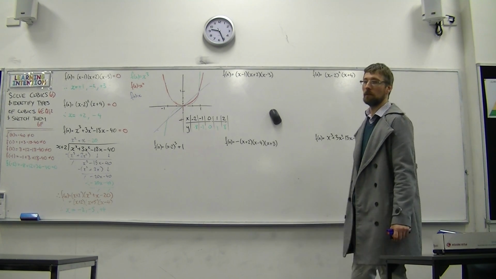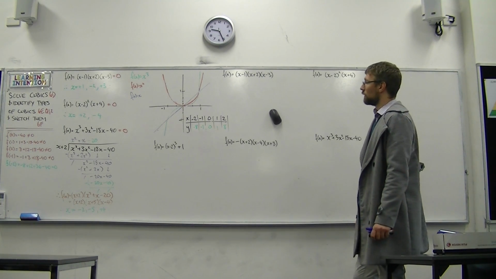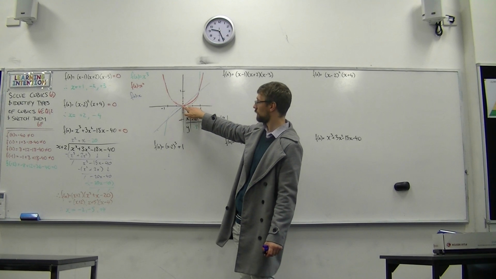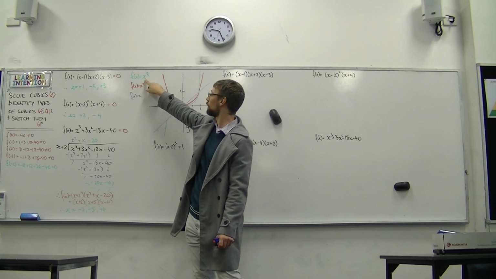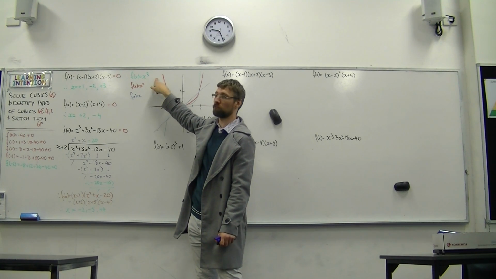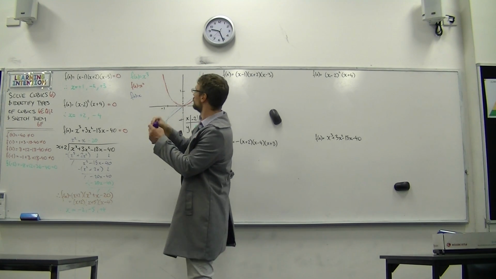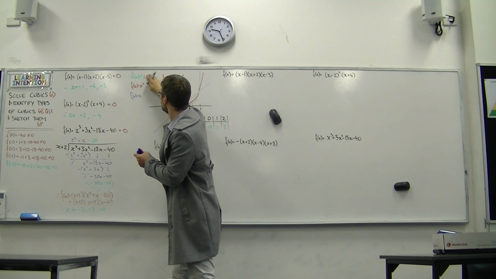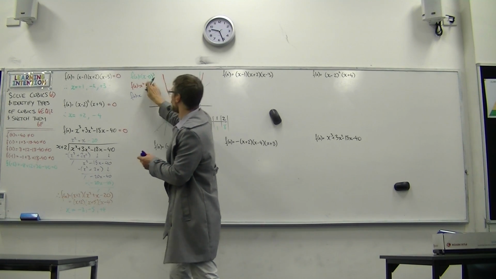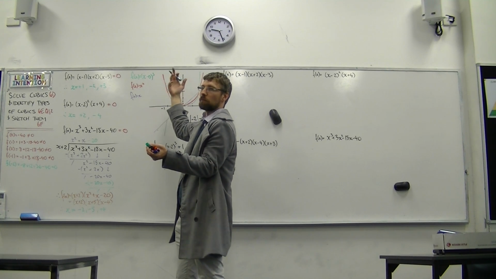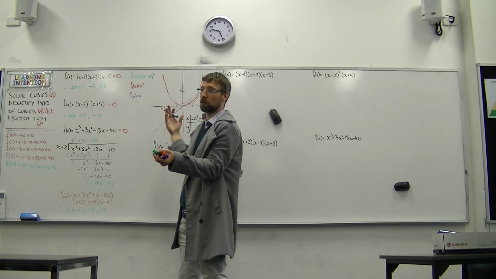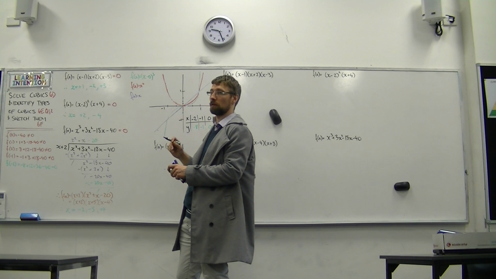It only intercepts the x-axis at 0. If you solve x cubed equals 0, that's the same as x minus 0 all cubed, so x equals 0 three times. So x equals 0 is the only x-intercept.